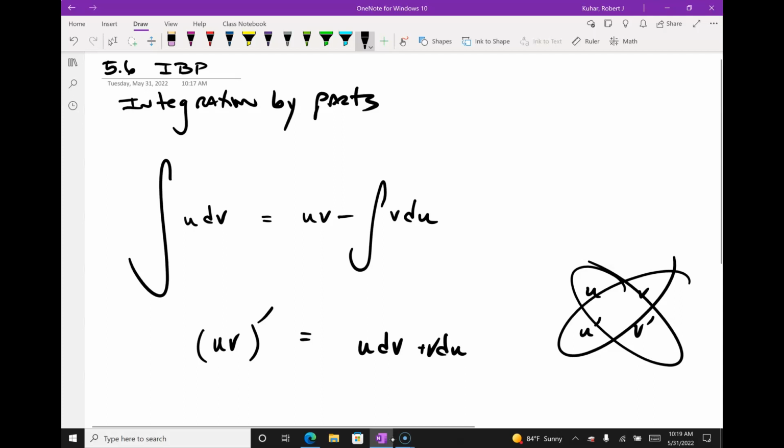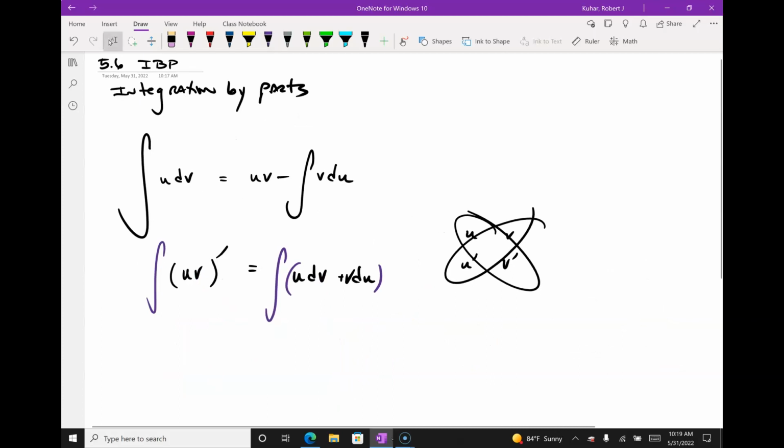And then, of course, this is a pretty easy proof here. What am I going to do to both sides? I'm just going to integrate. What happens on the left side of my equation?